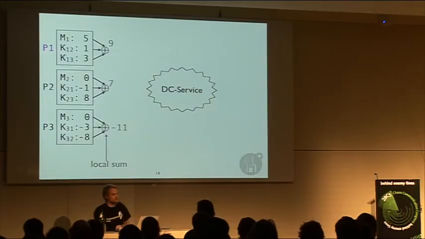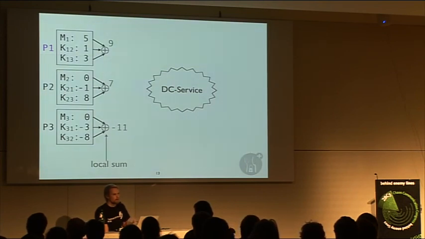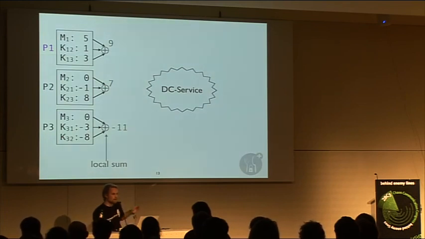You have the 9, the 7, and the negative 11. Only one participant has a negative local sum, and this is just to make it easy for you to understand. Normally, everybody would just sum up and beforehand calculate the key a little bit differently and use modulo something. So I only use positive integers.